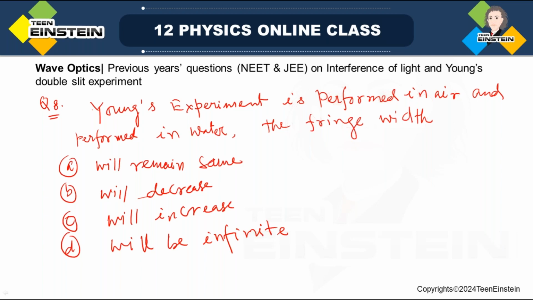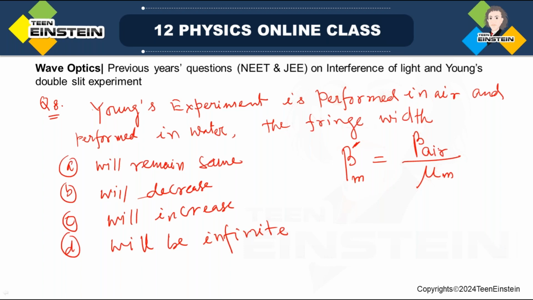Infinite. So guys, we had already discussed this yesterday, if you remember. In this case, the new fringe width will be the old fringe width, or fringe width in air, divided by mu of the material, the refractive index of the medium.